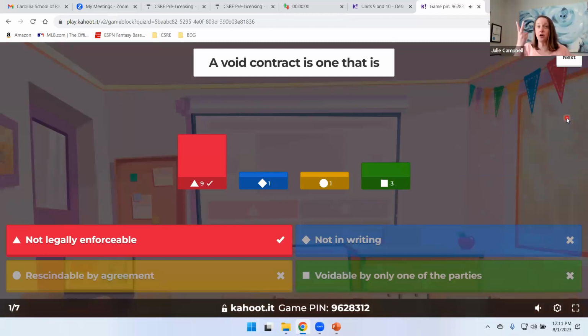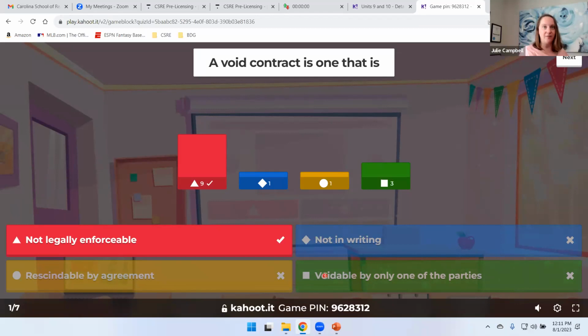Remember from Unit 9, there's only 2 types of contracts. They're either valid or void. And what the judge is looking for, the difference of the two, is that the valid one has the essential elements of a contract. The void one does not. A valid contract can become voidable. It's not the contract that's a problem. The contract is valid.